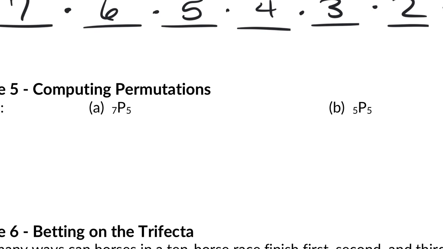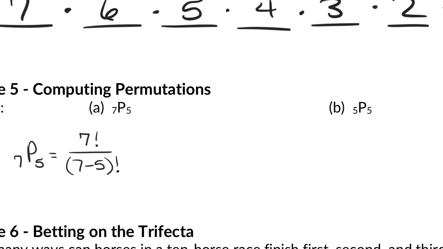The formula for 7 permute 5, 7P5, if I look at the front of my page to the formula chart, which again is all there for you, tells you to do the first number factorial divided by the first number minus the second number factorial.